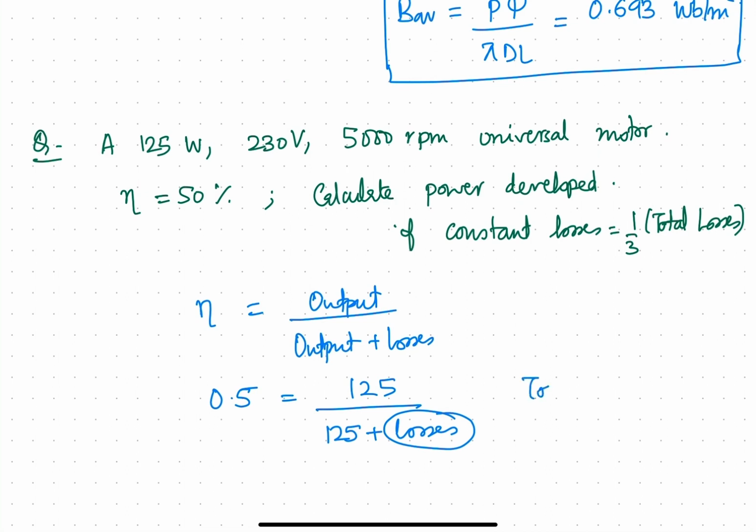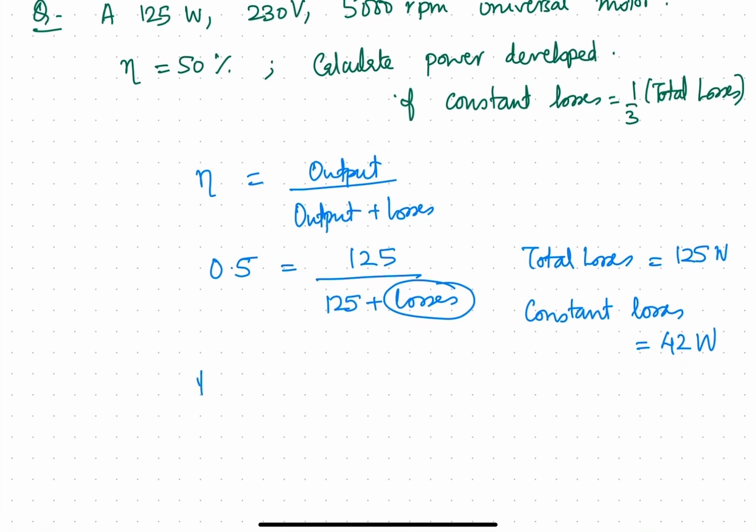So total losses come out to be 125 watts, and the constant losses are of course 1/3 of this, so this comes out to be equal to 42 watts.